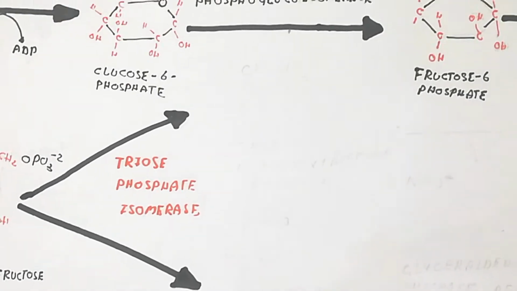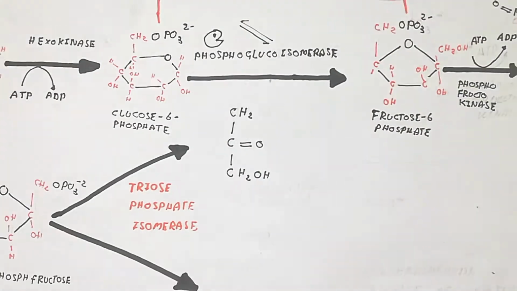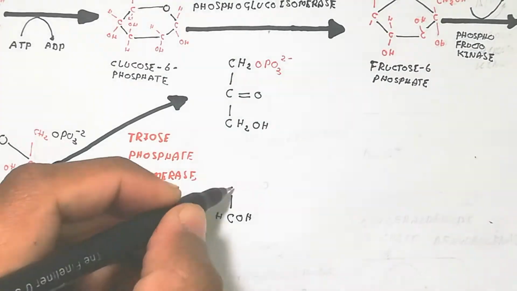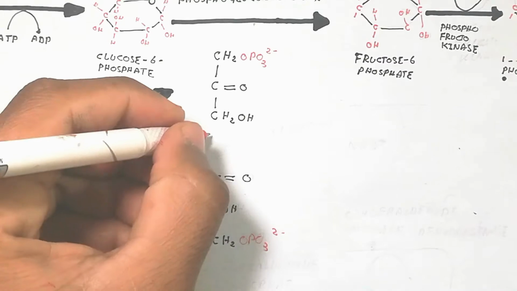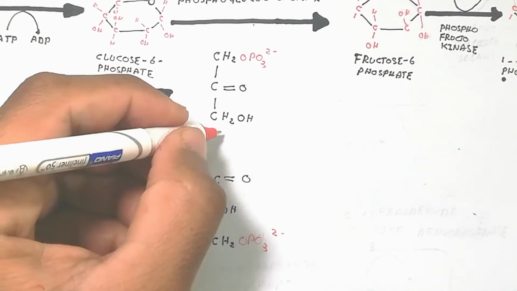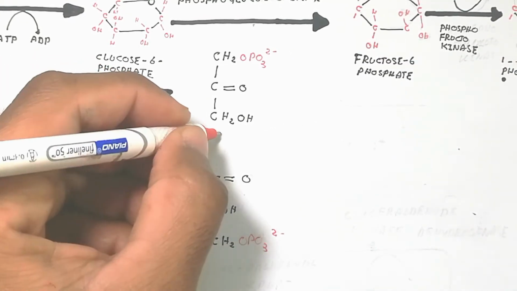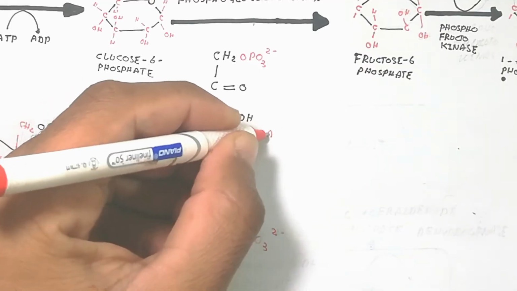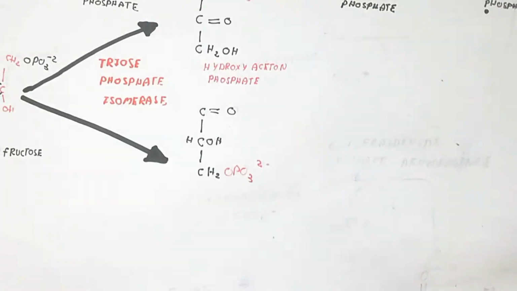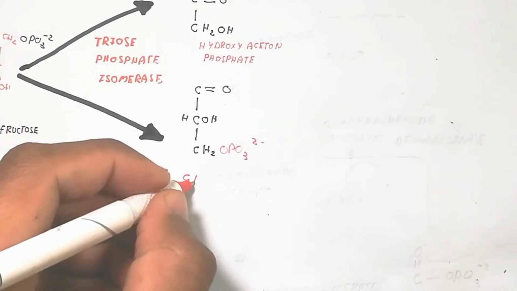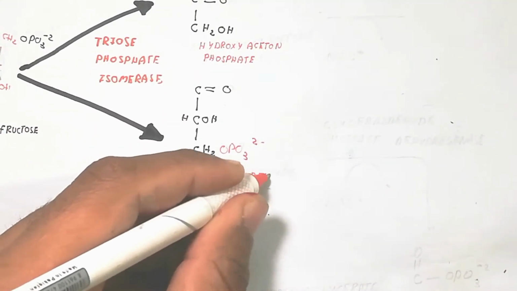Here are the three-carbon dihydroxyacetone phosphate and glyceraldehyde 3-phosphate. So dihydroxyacetone phosphate and glyceraldehyde 3-phosphate are produced. These are the two split molecules.